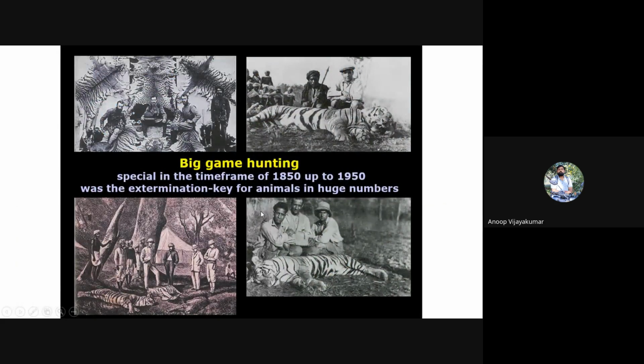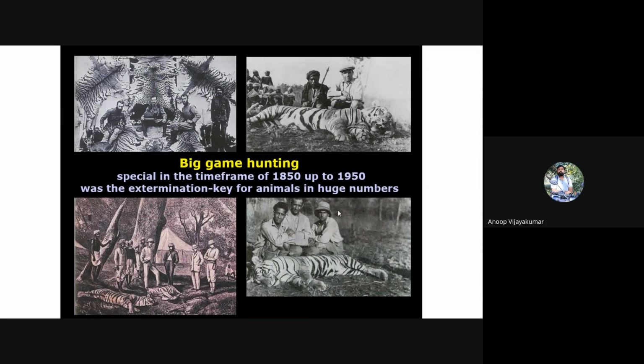And these are the big game hunting stories. I told you how we, we in the sense of humans, lost our tiger population. From the photos itself, you will get an idea of how bad it was. Still, in some countries, including Africa, trophy hunting as a hobby means people are killing wildlife even legally.